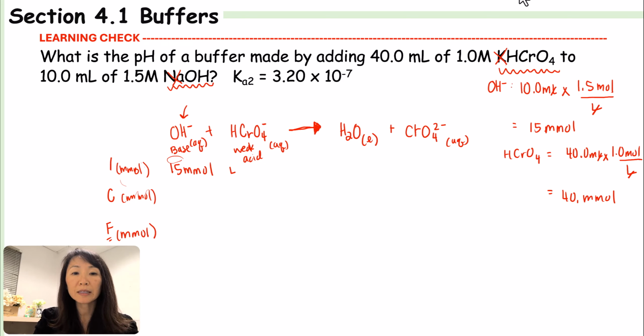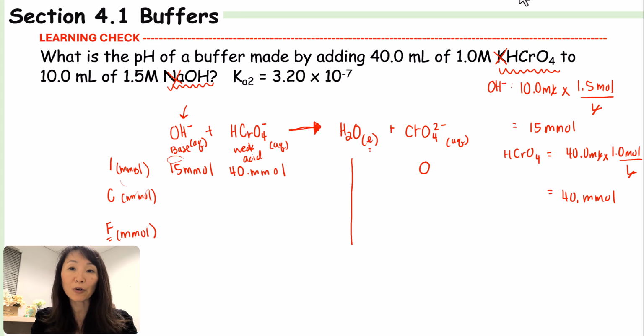So that's going to give me 40 millimoles. All right, and then we haven't made any of the carbonate. And since water is a liquid, we don't count that, okay? If it's a liquid, only the aqueous, folks.